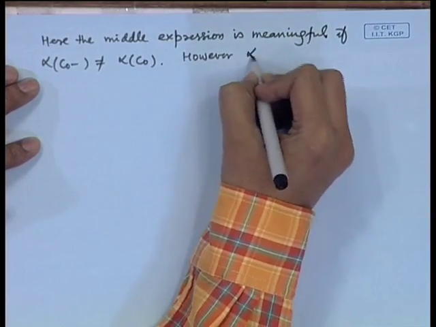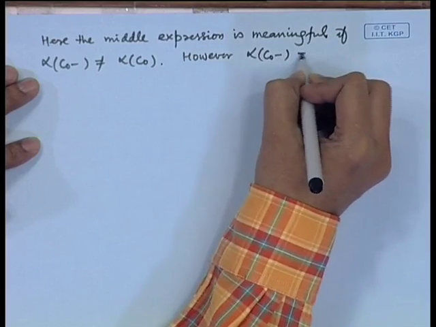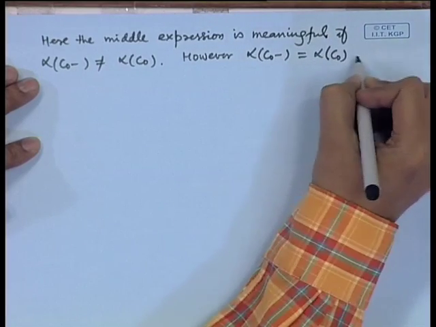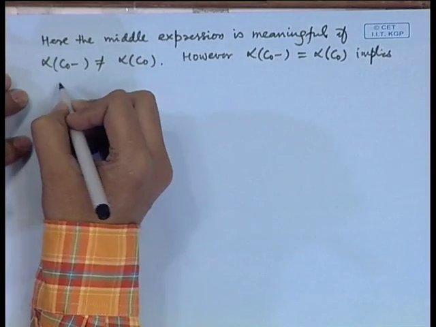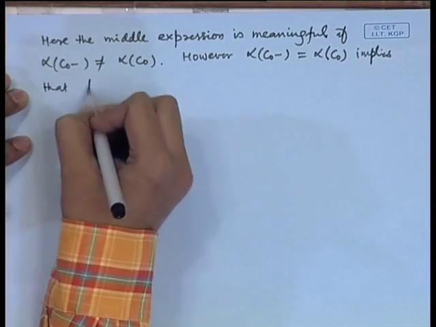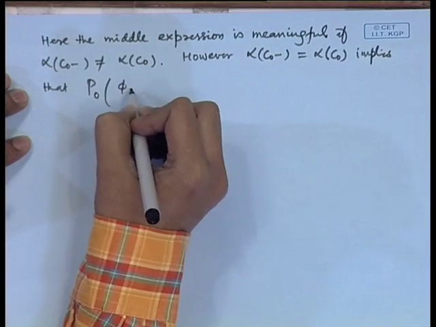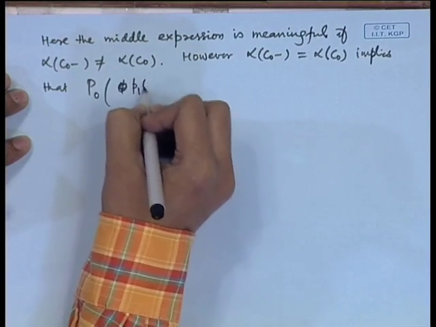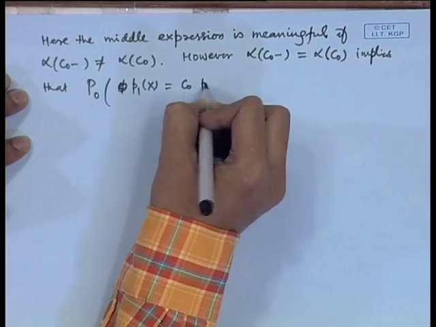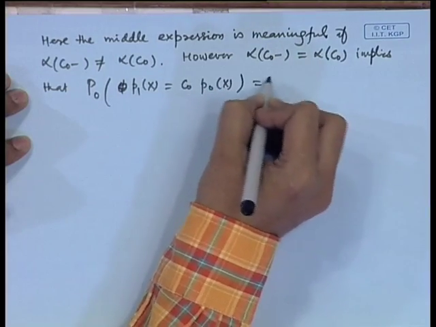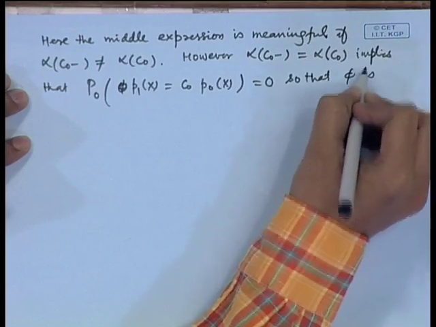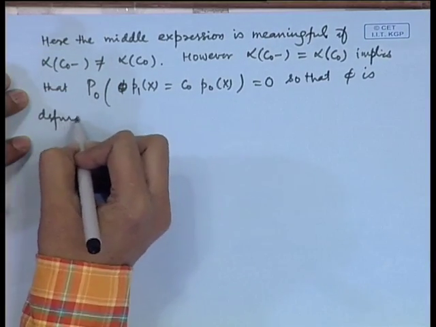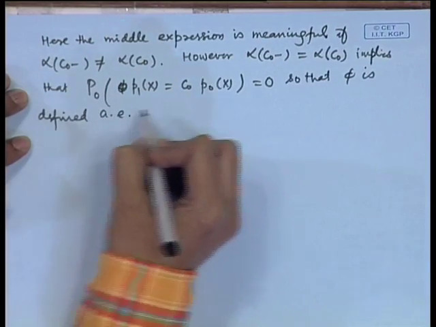However, alpha C naught minus being equal to alpha C naught implies that P naught of phi 1 P 1 x equal to C naught, P naught x, is equal to 0. So, that phi is defined almost everywhere.